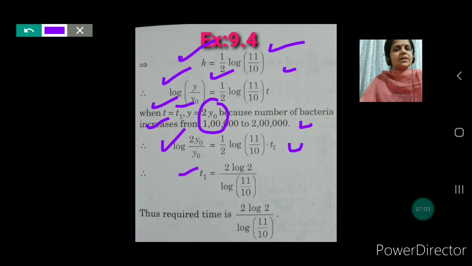So find the value of t1. You will get t1 is equal to 2 log 2. Here y naught will cancel and the 2 goes across by cross multiplication. So it is 2 log 2 upon log 11 by 10. Thus the required time is 2 log 2 upon log 11 by 10.